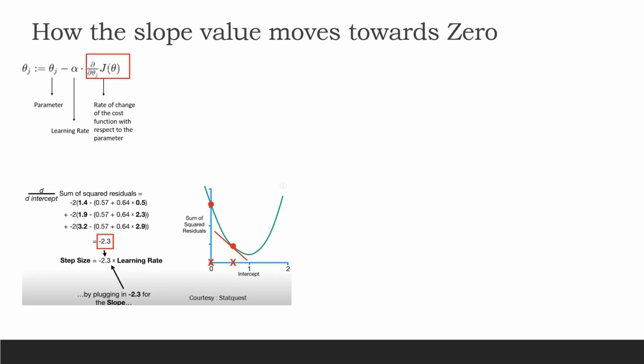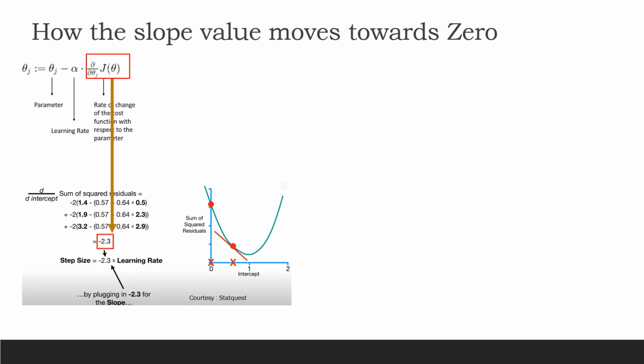So this has been taken from StatQuest, which is a must-watch video on YouTube. This explanation is very simplified in nature. So we saw that we took partial derivatives with respect to intercept and slope.